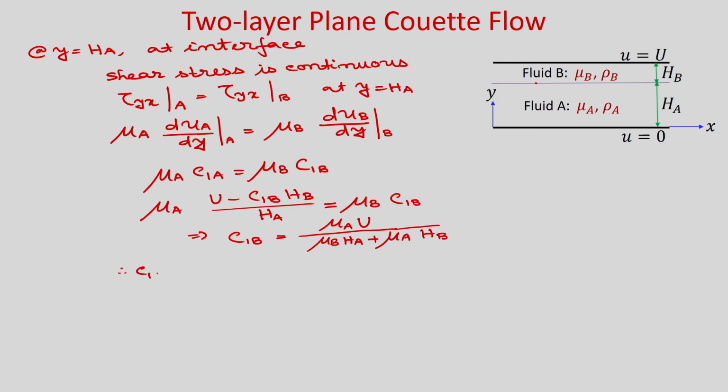So, C1 A you will get as mu B u divided by mu B h A plus mu A h B. So, now we have the velocity profile.